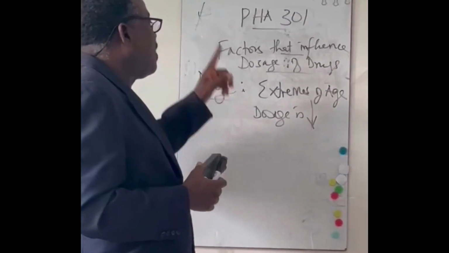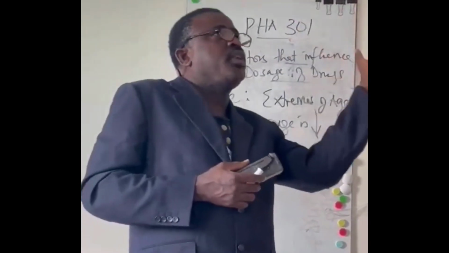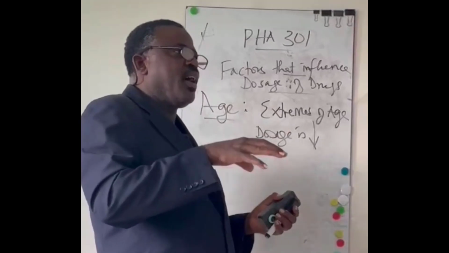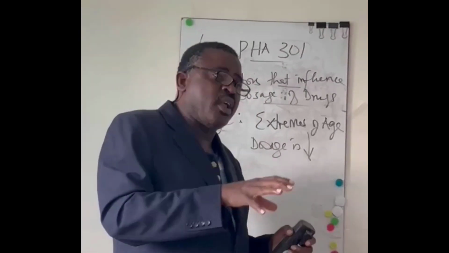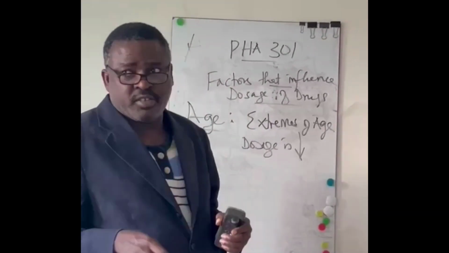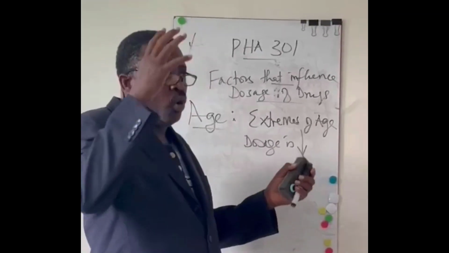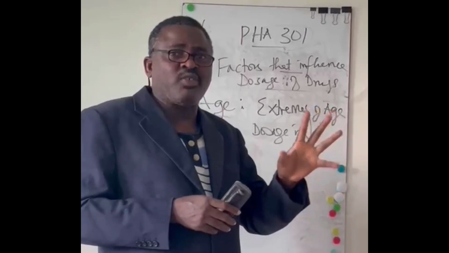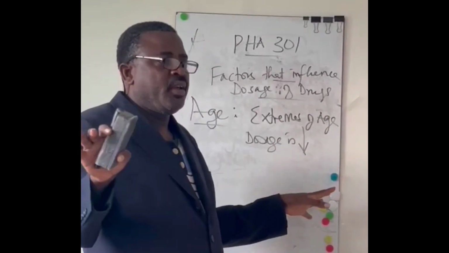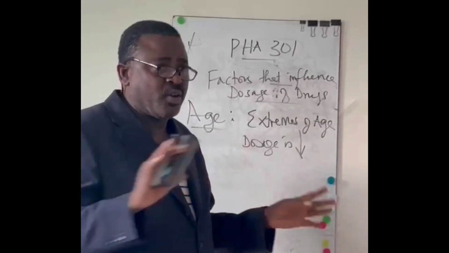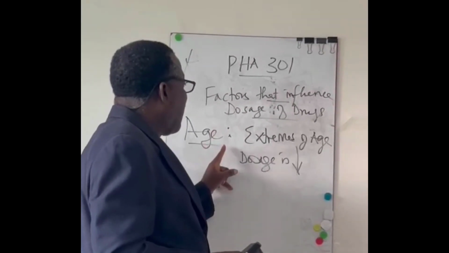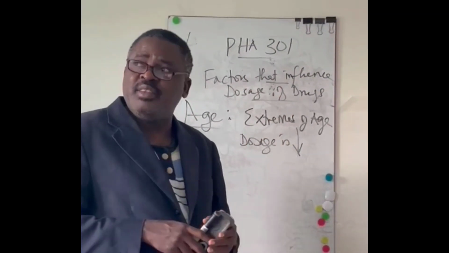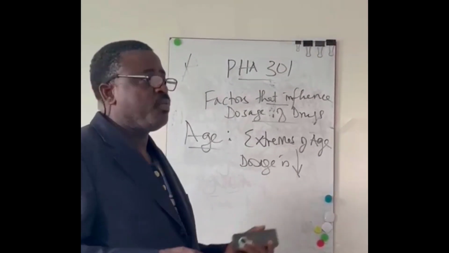At the same time, in old age, these organs have gone through what they call degenerative changes that will not allow them to work as perfectly as they do in the young adult and adult stage. So have in consideration that age plays an important role in determining dosage of drugs.